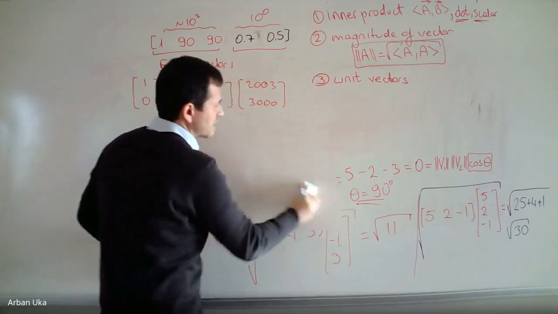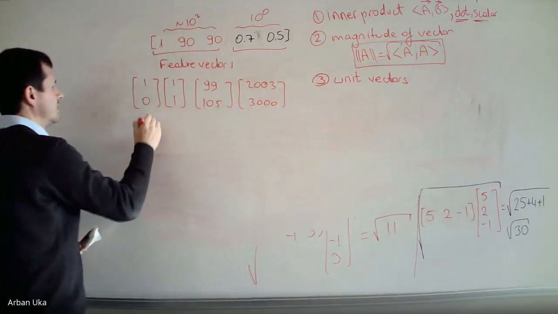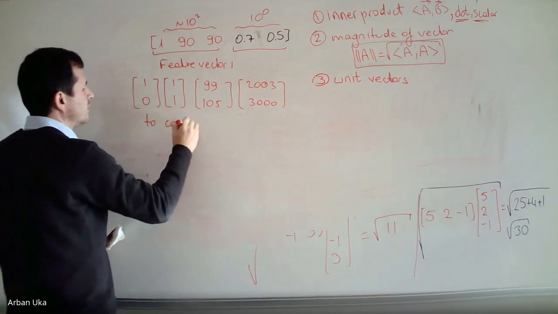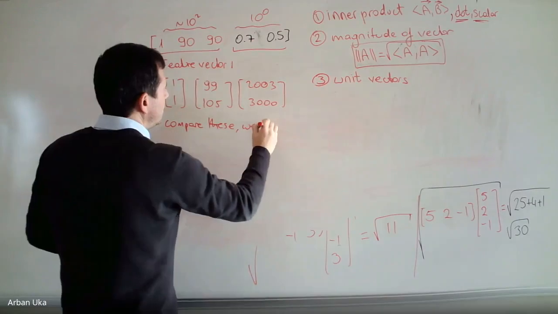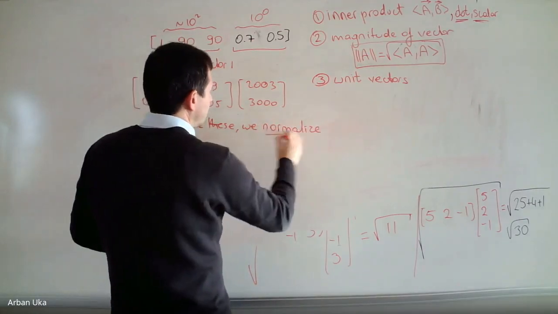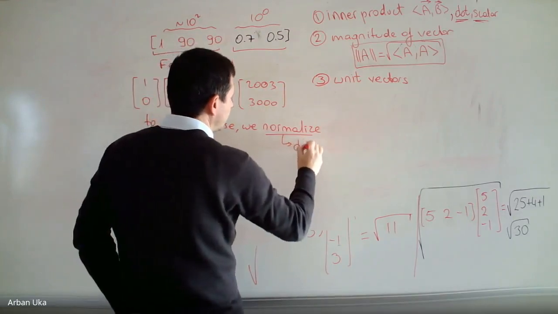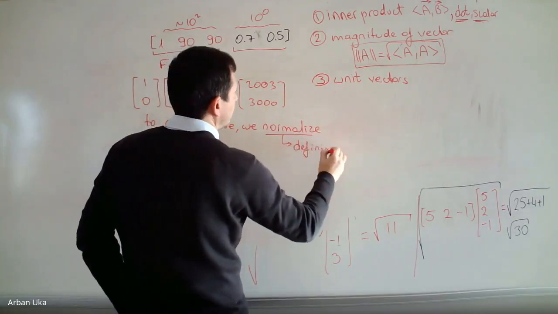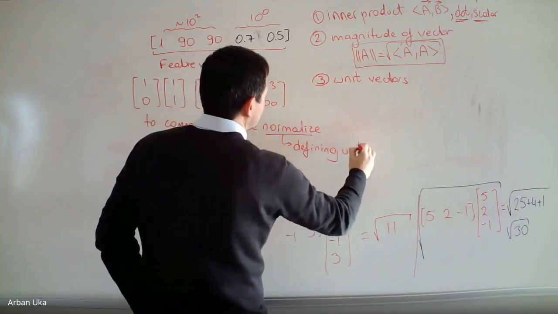In order to compare several vectors, we often do normalization. To compare these, we normalize them. To normalize them means defining a unit vector.